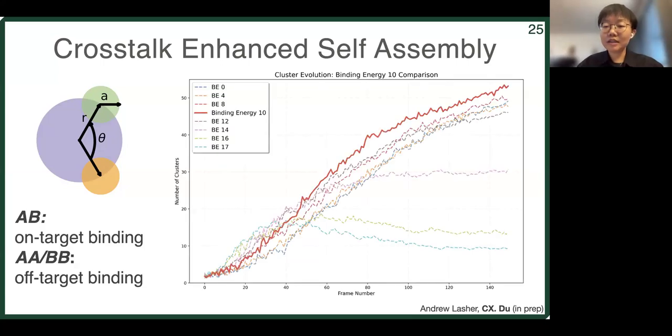Here our AB binding is 17, and that does not change. Then we change the AA and BB binding from 0 to 17. One really striking thing we found is that an intermediate off-target binding energy of 10 actually allows us to assemble our finite structure the fastest. This really breaks all my intuitions that crosstalk is bad.